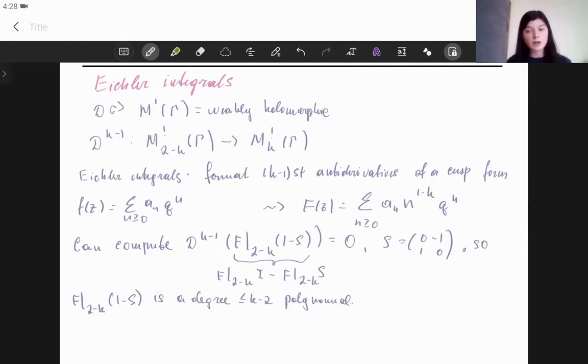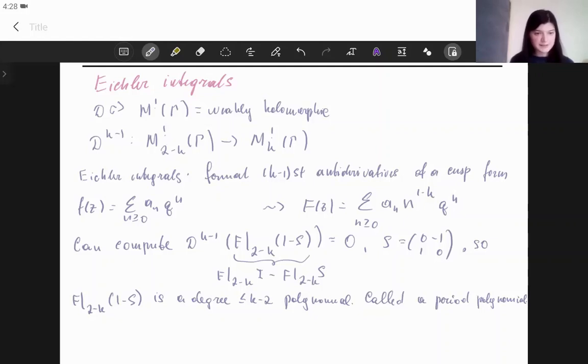This is what we will call a period polynomial. All right, so we see why it's a polynomial. I'm not really elucidating the meaning for like the period part, but I will do after we talk about Eichler homology. We'll see these period polynomials being defined from a different perspective.